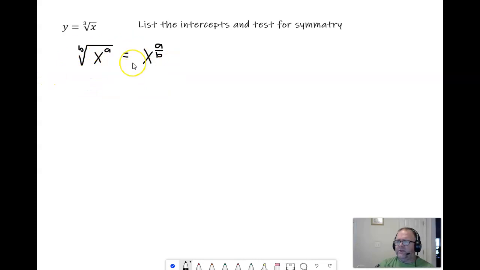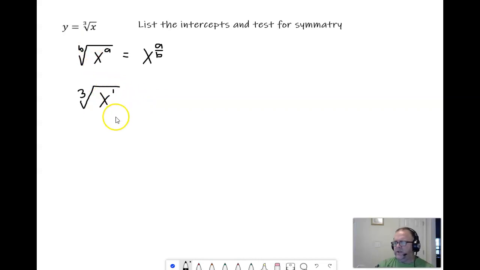So it's very important that we learn this. You're going to be using this a whole lot in all of the math classes, including this one, from here on out. So make sure that you know this. In our case, we have the cube root of x, and there's no exponent there, but remember, if there's nothing there, it's assumed there's a 1.